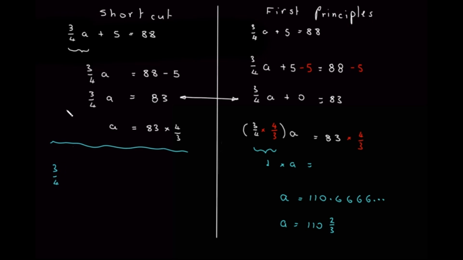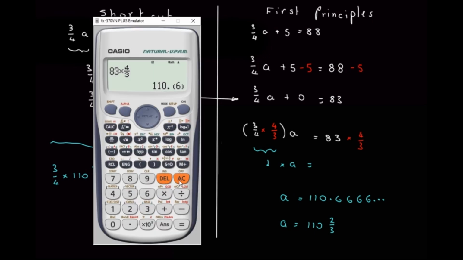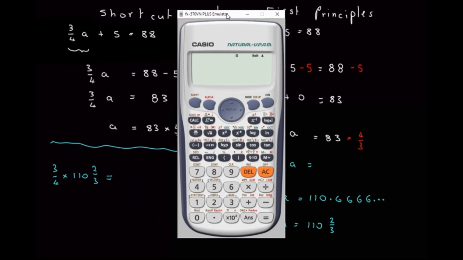3/4 times A, we're going to substitute now, times 110 and 2/3 equals, now let's have a look, shall we? Let's clear that lot. Oh, fraction 3 over 4. Come out the fraction, multiply it. Hang on a minute. No, got to be very careful here when using the calculator.